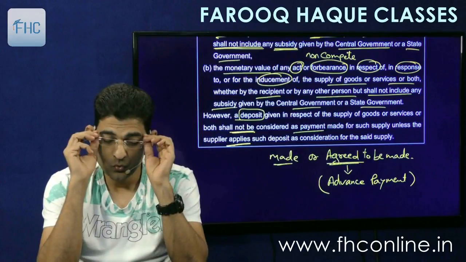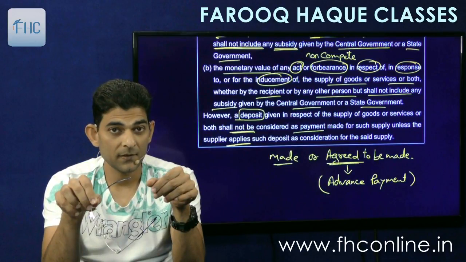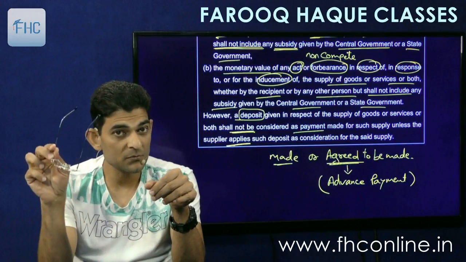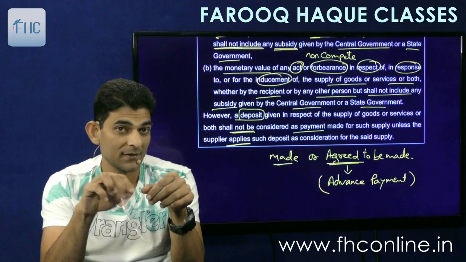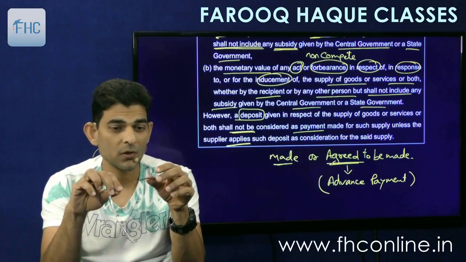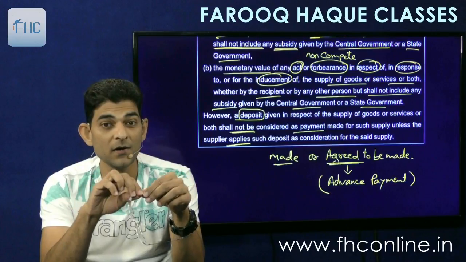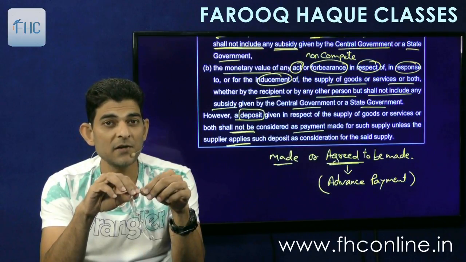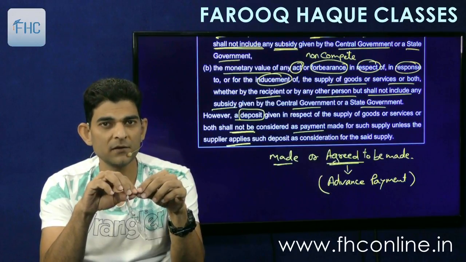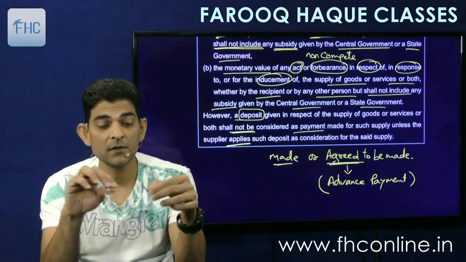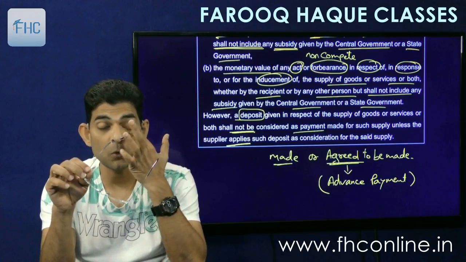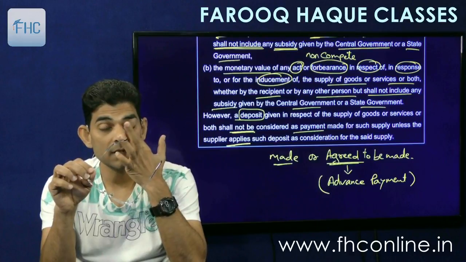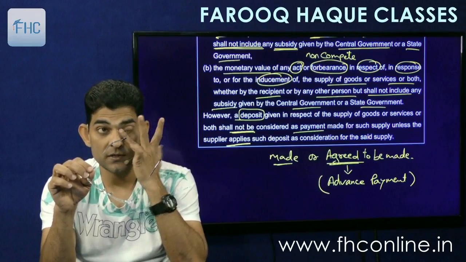But now take another example. In advance there also comes a deposit. There is a concept of deposit also. Like our cars are in great demand, huge demand. There's a huge demand of the car. We have built a super model of a car and there is huge demand across India.